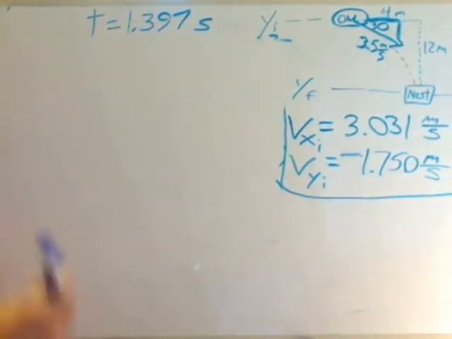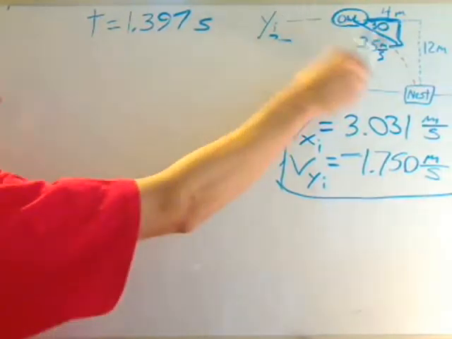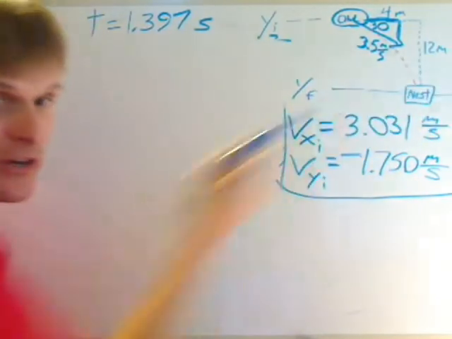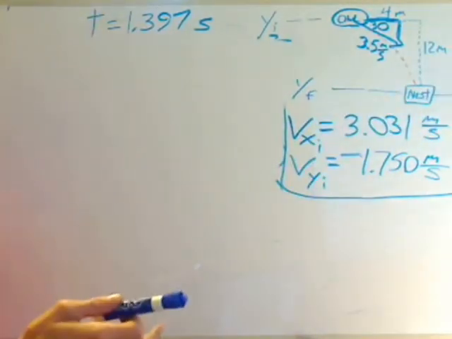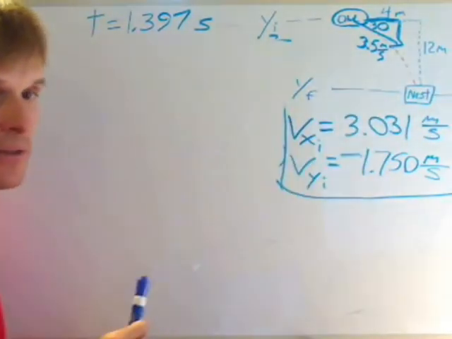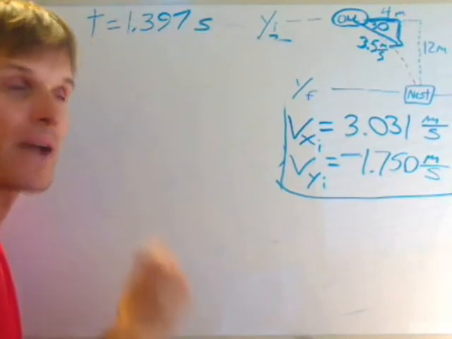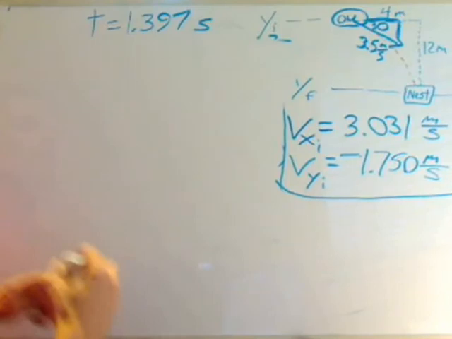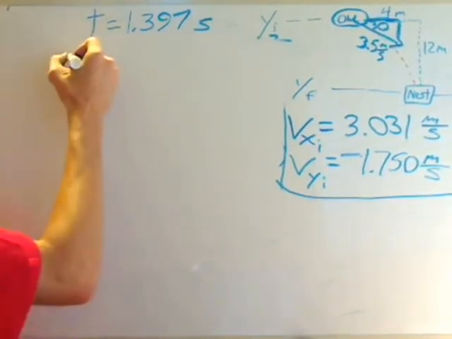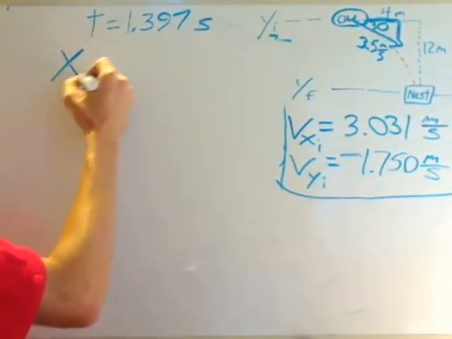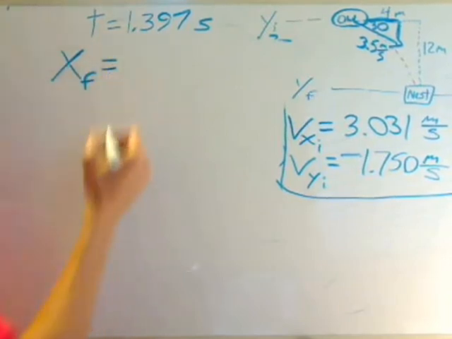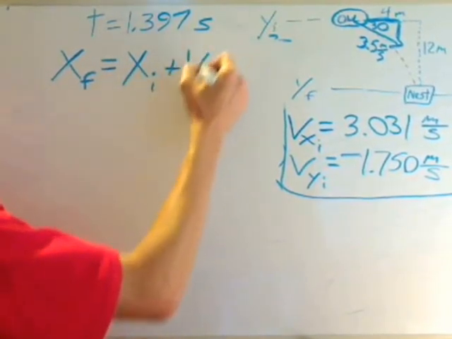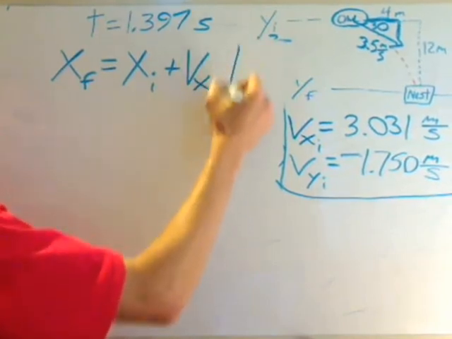Okay, so now that we know how long the mouse is in the air, now we can calculate how far it goes. And this is where we just use the x component. Once we know the time, we can calculate how far it goes by just considering the x motion. And so our equation describing x motion then, how far it goes, would be this equation, x initial plus vx initial times time.